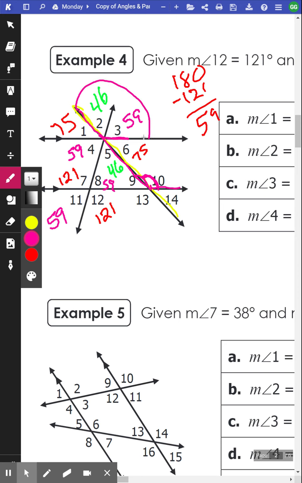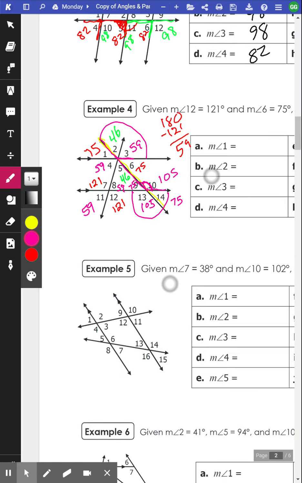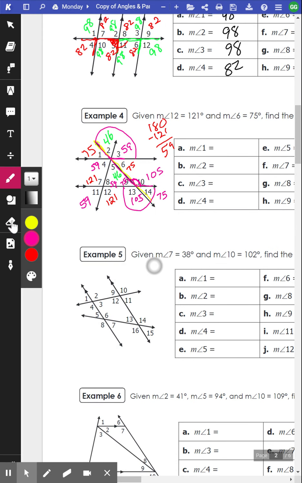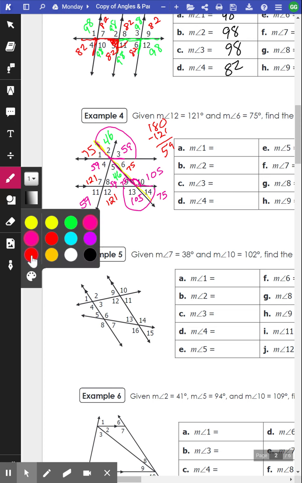Whoop, that's 46 and 59. So let's see what that is. 105. So angle 10 is 105. Oh, guess what? Angle 10 and angle 13 are vertical, so that's 105. From here all the way to here is 180 degrees, so this has to be 75. Oh, that means angle 9 has to be 75. Voila. I have all my answers.